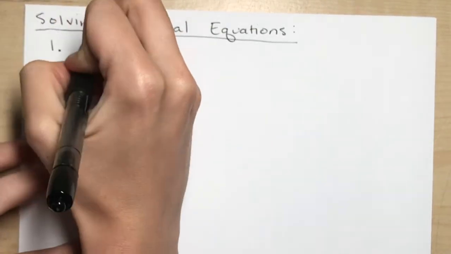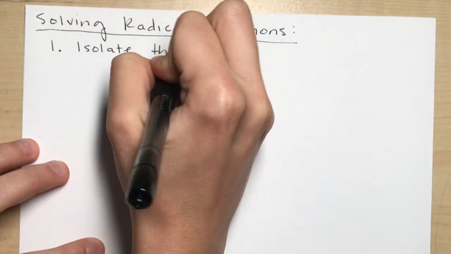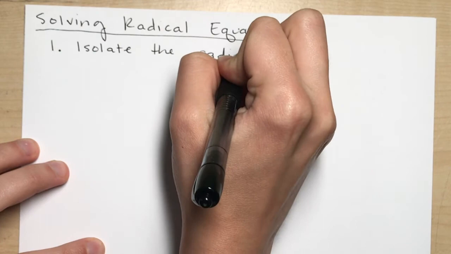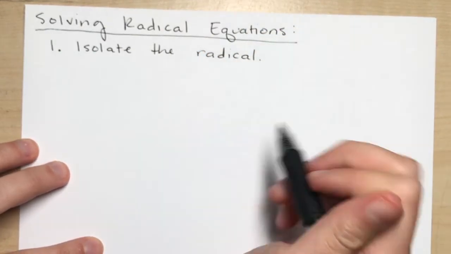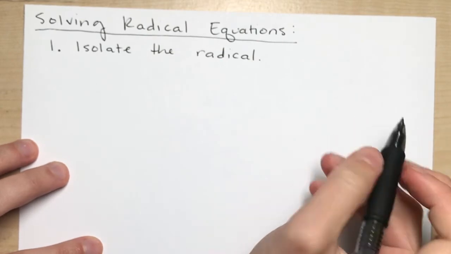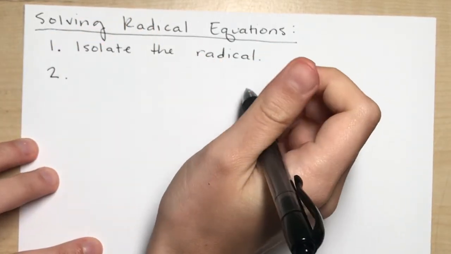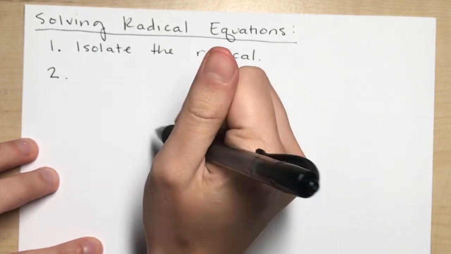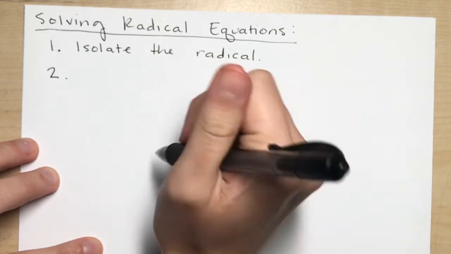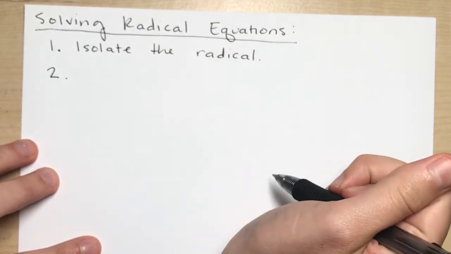Our first step is to isolate the radical. There's a lot of stuff that we start by isolating, right? Absolute value, logarithm, exponential, a ton of stuff. Then we change it in some way to get rid of it, right? If we start with a logarithm, we change it to exponential. If we start with an exponential, we change it to log. If we start with absolute value, we split it up.